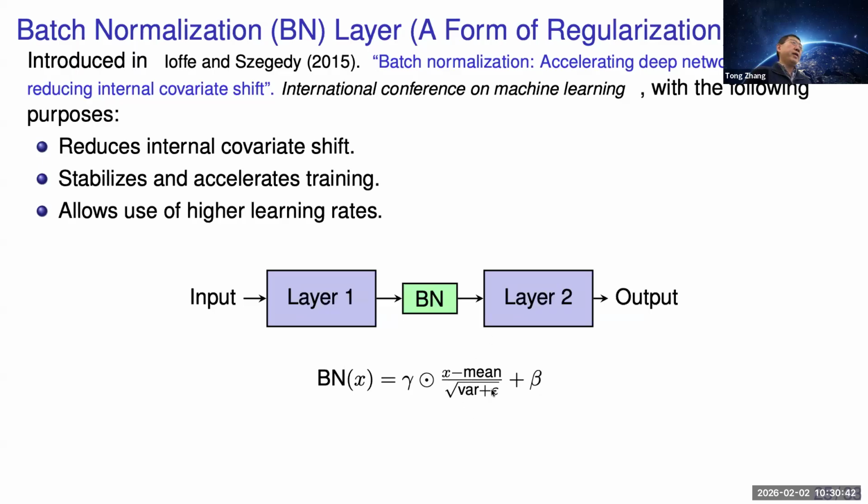So within each batch, you make sure it looks like mean 0 and unit variance, and then you compensate for this shift with other trainable parameters. Presumably this should be a population mean and population variance, not the batch's. But in the typical implementation you use the batch because that's much more convenient. This is basically how it's done.